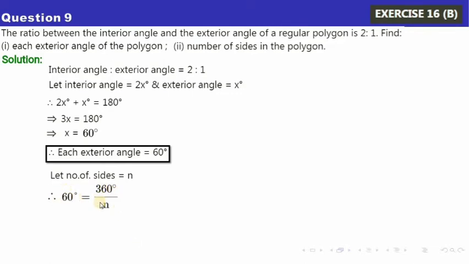Bring this n over here and bring this 60 to the denominator, and after cancellation you find that the value of n turns out to be 6. N is the number of sides in the polygon. So the number of sides in the polygon is 6 in this case. Alright, so pause the video and note down the solution.